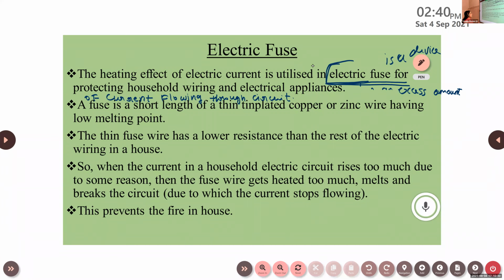Okay. You don't need to copy down the second point. And it prevents fire in the house.